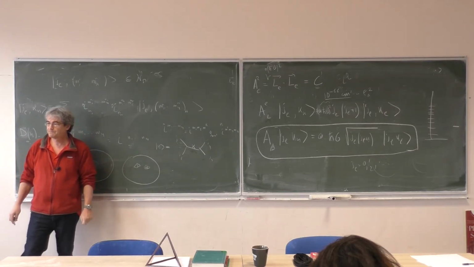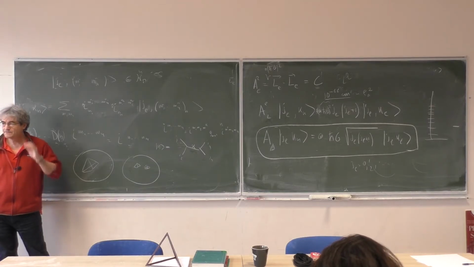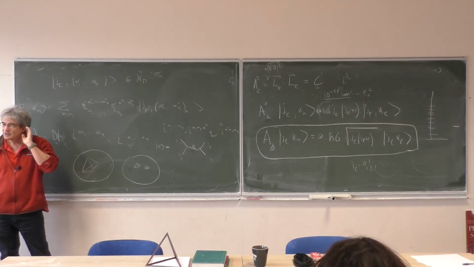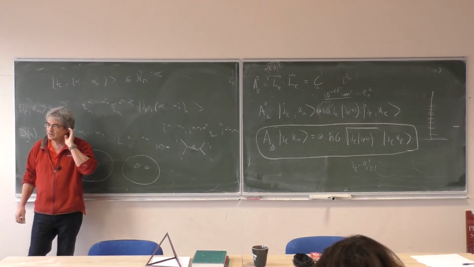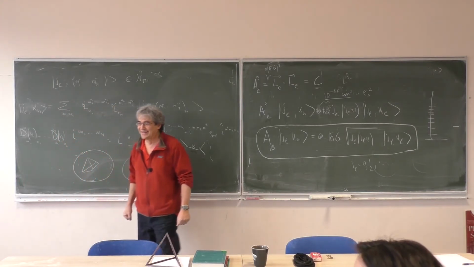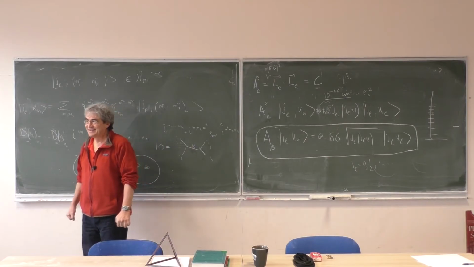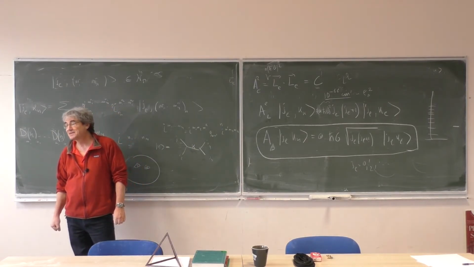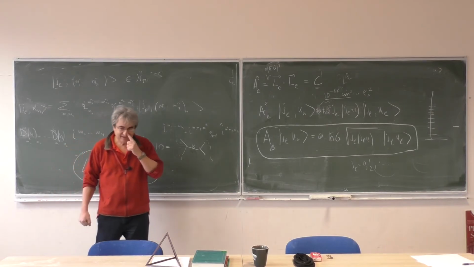Yes? Just out of curiosity, why is this always expressed in centimeters and not in meters? Oh, because the English are winning over the French. No reason. Because of the imperial system? We're going to do imperial with inches. Yeah, the English are also losing. What is MKS and CGS?